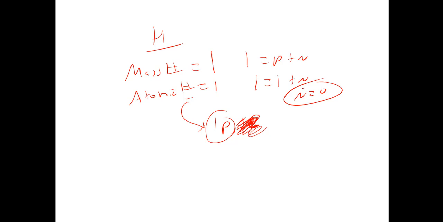Another very quick way of doing this is to say mass number minus atomic number is equal to whatever that is. So it wouldn't be 0 actually. So let's say for hydrogen, the mass number was 1, atomic number was 1, so therefore it's going to be 0.